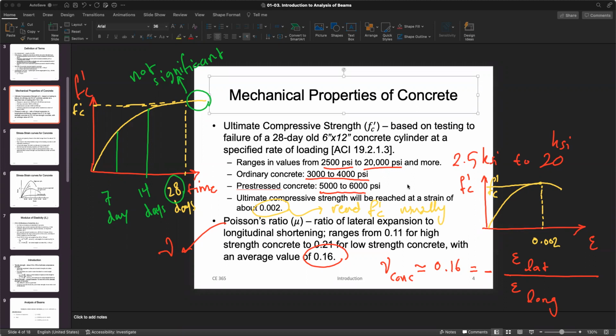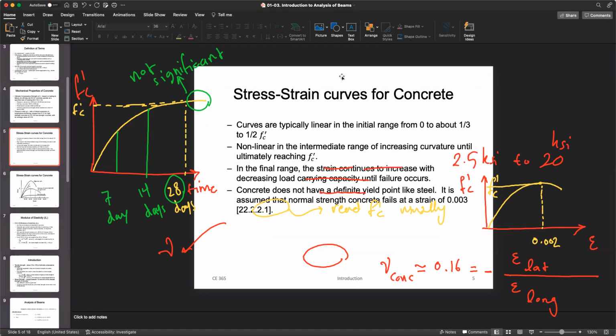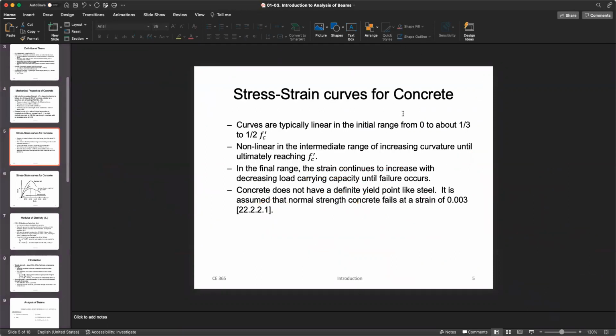We're going to talk about the stress strain curve more. Okay, let's go to the next slide. A stress strain curve for concrete. Curves are typically linear in the initial range from 0 to 1/3 to half F prime C. Let's look at it here.